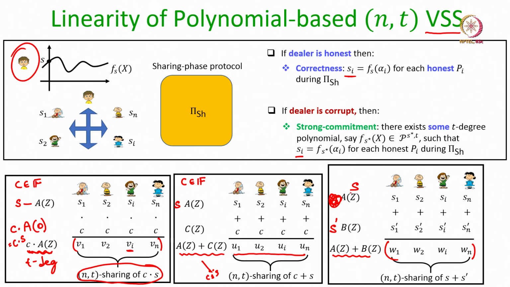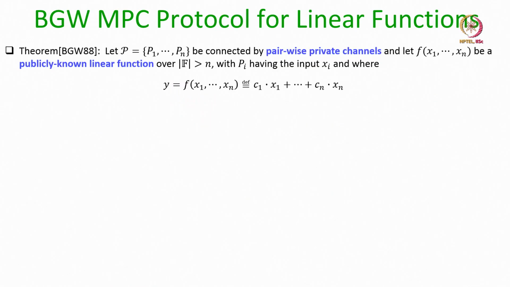Say, for instance, if S is secret shared and S prime is secret shared, and if there is an addition gate in the circuit whose inputs would have been S and S prime, then during the BGW gate invariant the parties need not interact. Each party can locally add its share of S with its share of S prime, that will give that party its share of S plus S prime, and so on. That is the linearity property here.